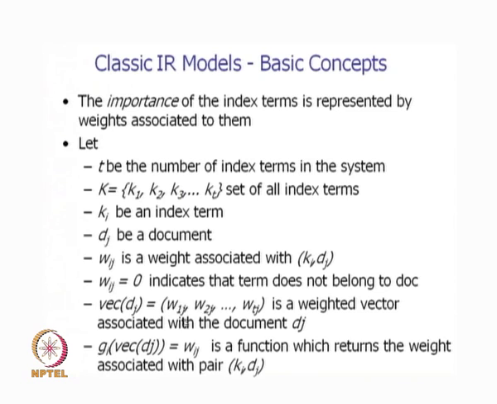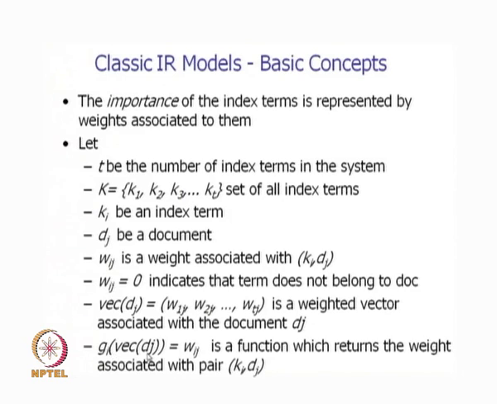Vec d_j is a vector of weights, and they are fixed this way. w_1j is the weight of the first keyword with respect to the jth document. w_2j is the weight of the second keyword with respect to the jth document. w_tj is the weight of the tth keyword with respect to this document d_j. It is a weighted vector associated with the document d_j.